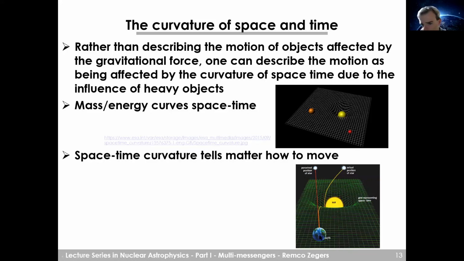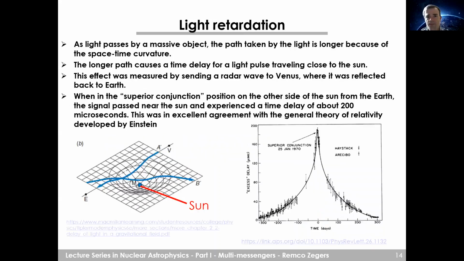This is the sun, and this is the Earth, and there's light coming from different stars. That light gets affected. Its movement gets affected due to the gravity induced by the sun, or by the curvature of space-time. That underlies the general theory of relativity.